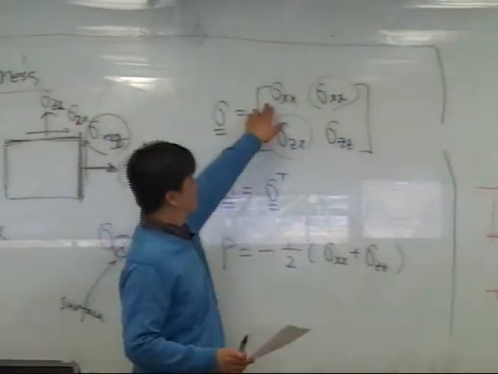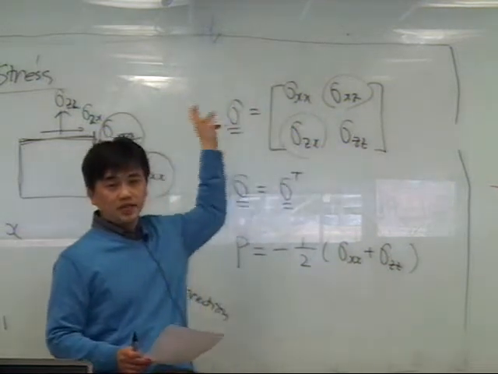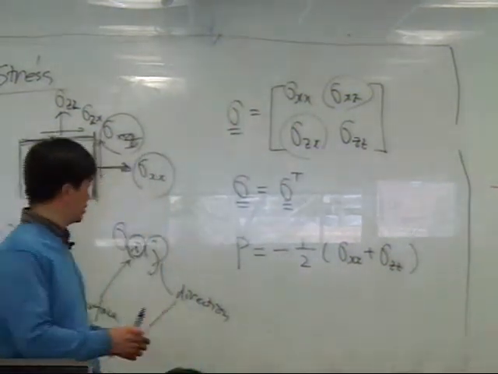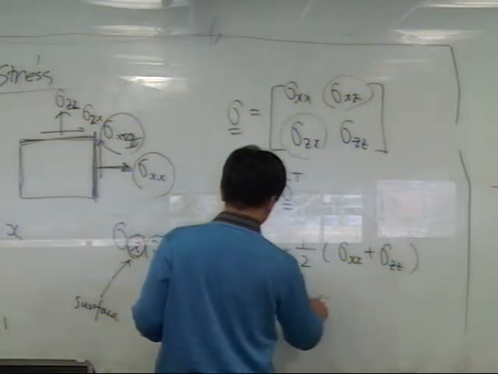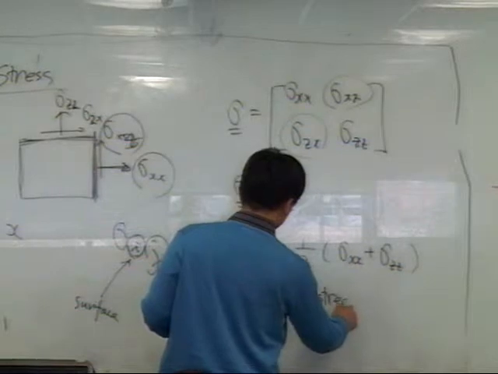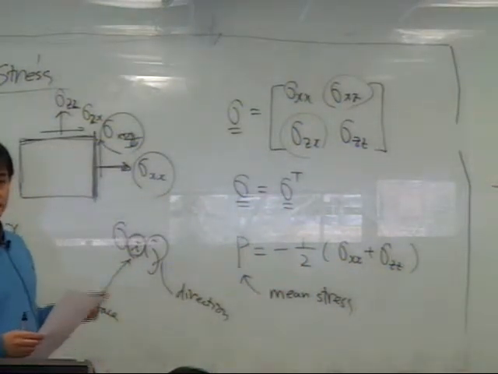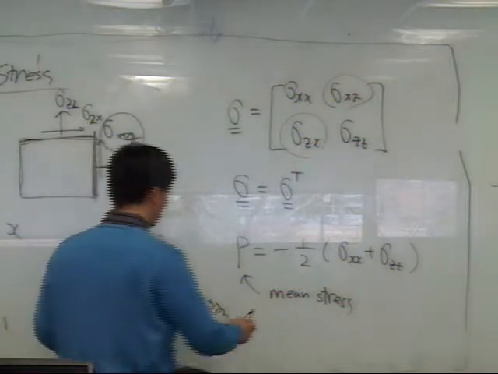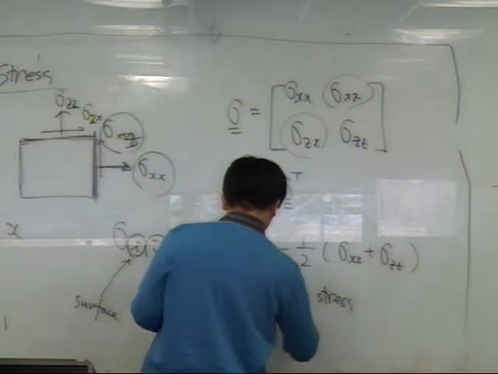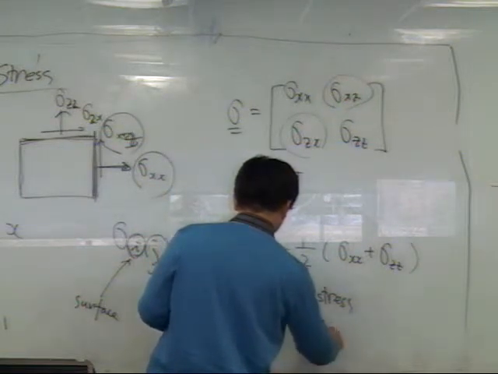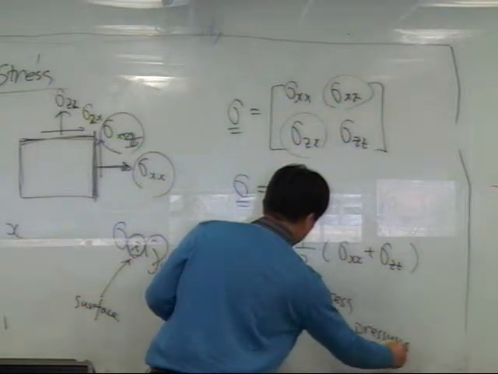If you take the mean value of the diagonal components, the sum of the diagonal components, then we are saying this is mean stress. This is just the average of the stress, or we are saying this is a hydrostatic pressure. Okay?